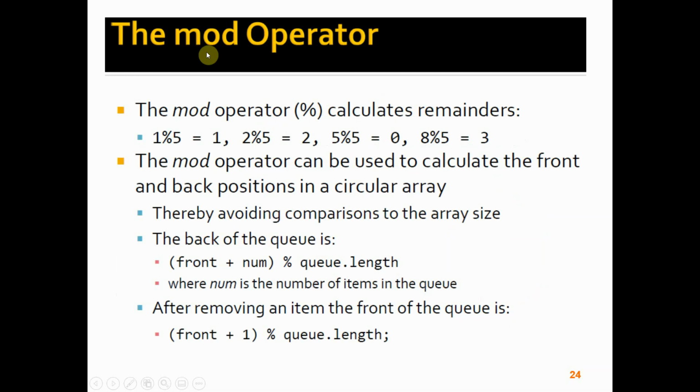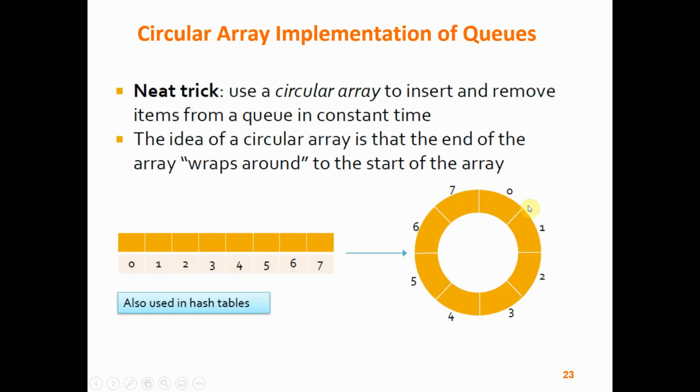This is just a review of what the mod operator is, and here it basically shows that when we reach the end of the array and we increment, here the size is 8.